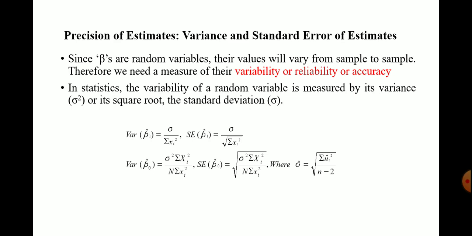If it is 0, then it will be highly precise, even though that is not possible. In order to test the accuracy of an OLS estimator or a regression coefficient, we usually use the standard error and variance. If the variance is very close to 0, then it is fine.